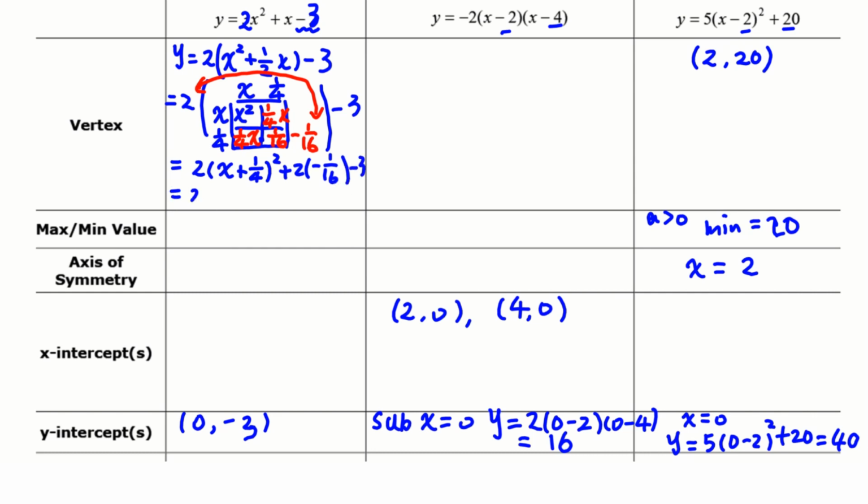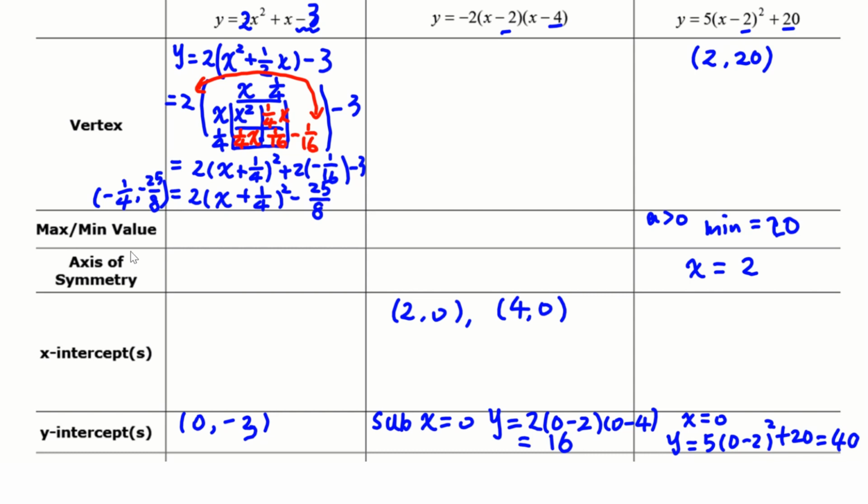Collect the like terms. We have 2 times (x plus 1 over 4) squared. Then do the calculation, it will give you minus 1 over 8, then minus 3. Times it by 8 is 24, so minus 1 minus 24 gives you 25. So the vertex is (negative 1 over 4, negative 25 over 8), the p-value is the opposite.